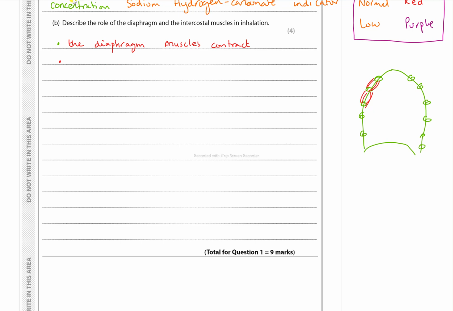The diaphragm, if I can spell it, flattens. Let me write this in caps. Well, I should write in a different color really, rather than caps, but continue.